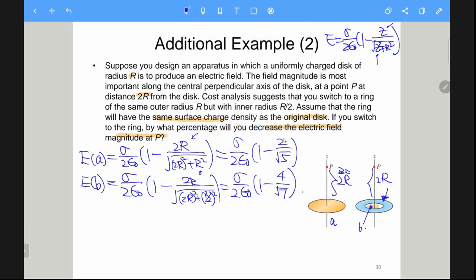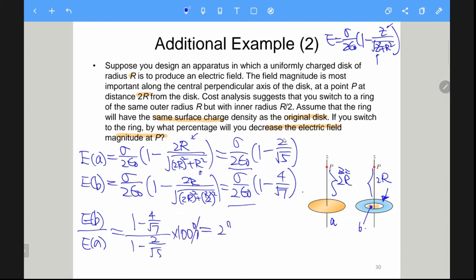So we know that E_B over E_A, this part and this part will be cancelled. So we have (1 minus 4 over square root of 7) over (1 minus 2 over square root of 5), times 100%. So this is 28.3%.